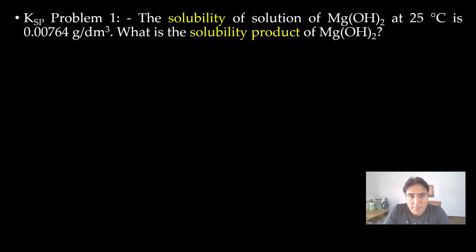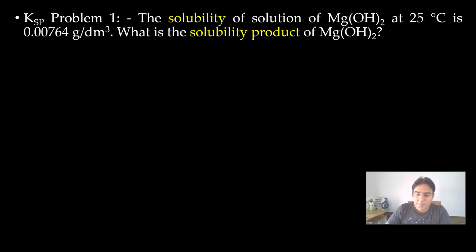If you can read the problem, the solubility of magnesium hydroxide at this temperature is 0.00764 gram per decimeter cube. What is the solubility product of magnesium hydroxide?